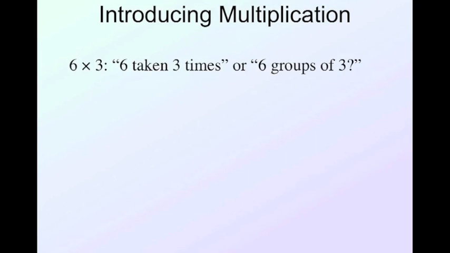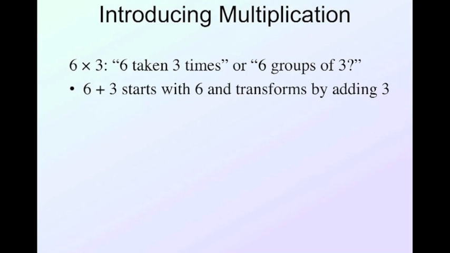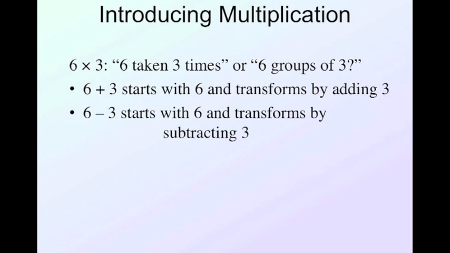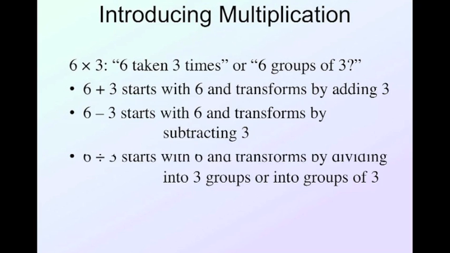Now, there's a note in this particular lesson that I want to bring to your attention because this is very important. A lot of people look at 6 times 3 and they say, gosh, is that 6 taken 3 times, or is that 6 groups of 3? Well, Dr. Cotter actually researched this for about 2 years before she came up with a definitive answer.